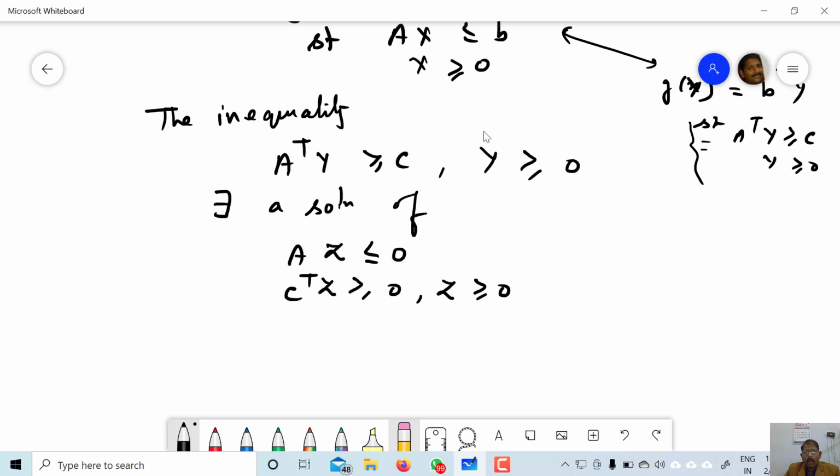And now if we write the dual of this dual, then it will become like this. Okay, because the transpose of transpose will become A, and in place of y we have taken another variable because we are taking the dual of this dual.